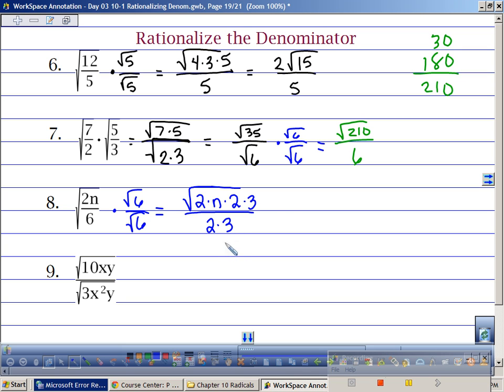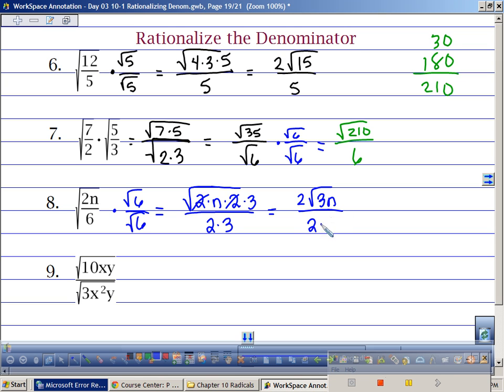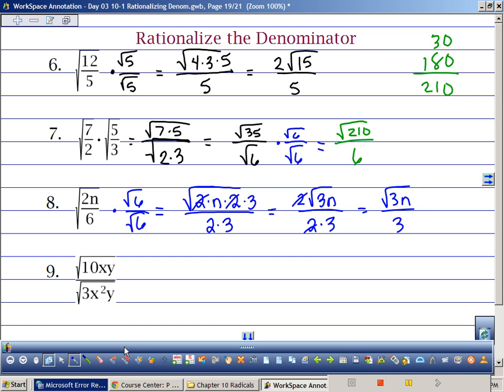Because I'm going to cancel later, right? What gets kicked out of here? 2. Root what? 2 2's get kicked out because that's 2 squared. What's left? 3n over 2 times 3. Cancel, cancel. Root 3n over 3. No, you can't cancel. That's inside of a square root. Right?